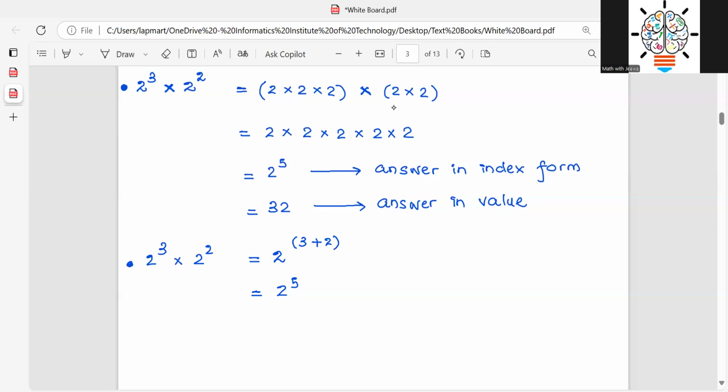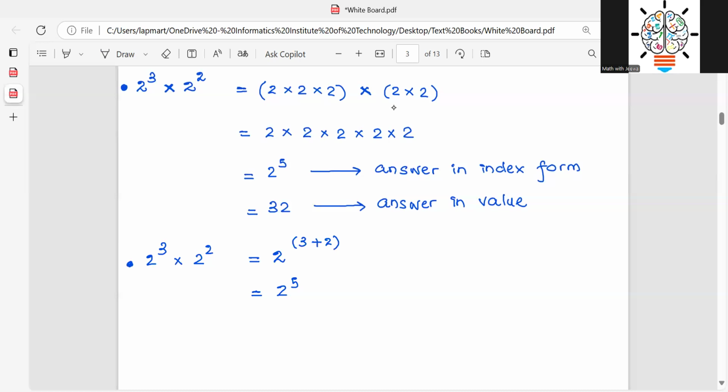In that case, you don't get the full marks. If they ask you to find the value or the answer in value form, those words mean the answer in value form. But specifically, if they say that you multiply these index numbers and give the answer in index form, you just write it as 2 to the power of 5.